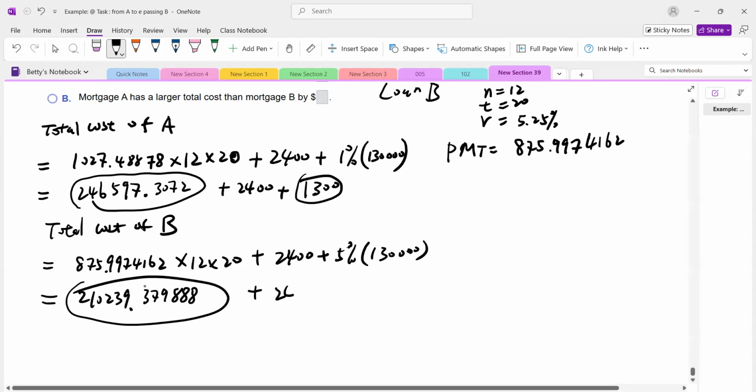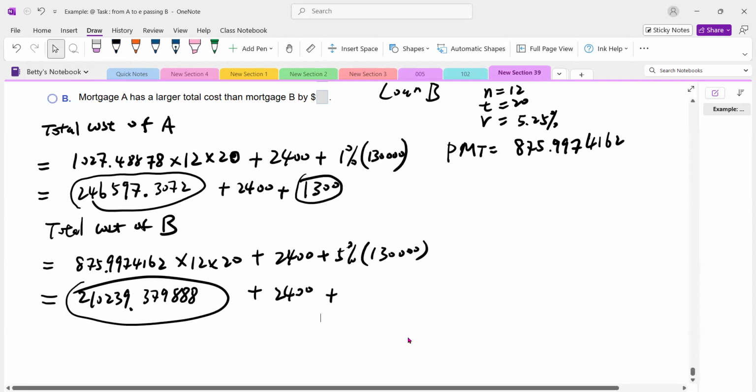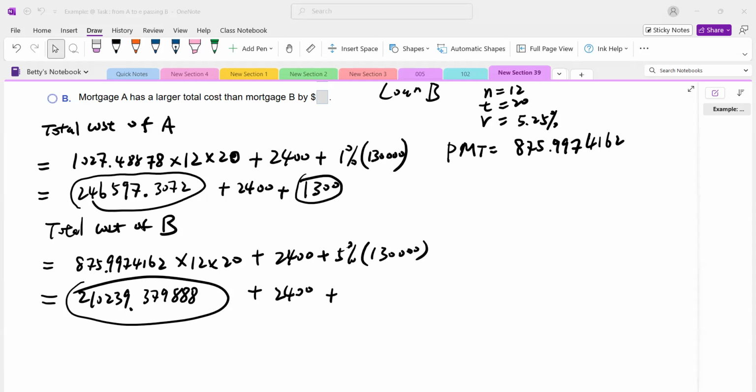And also closing cost 2,400 and 5%. 5% of 130 grand is 0.05 times 130,000, which is 6,500.